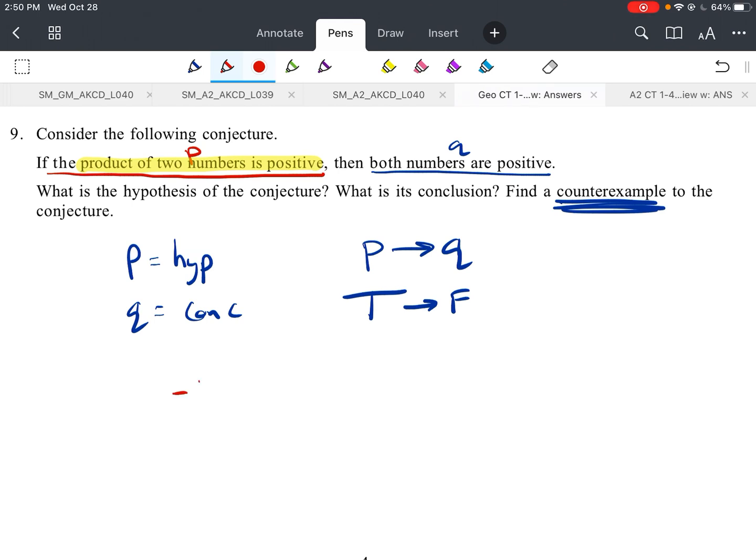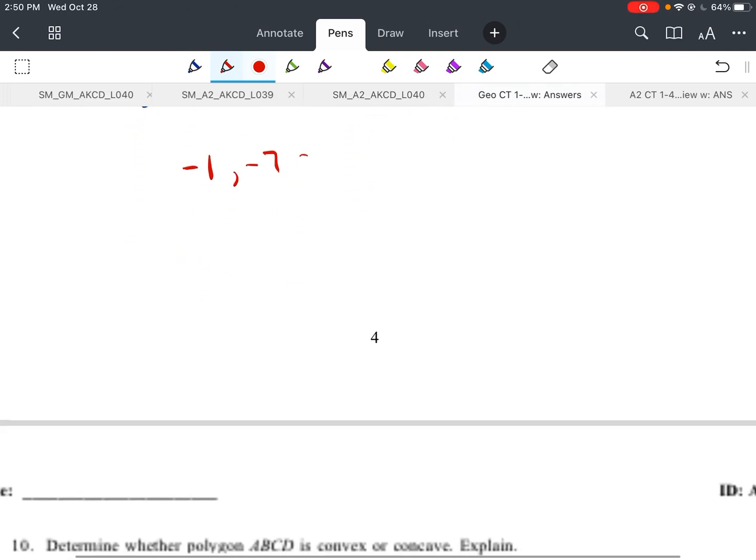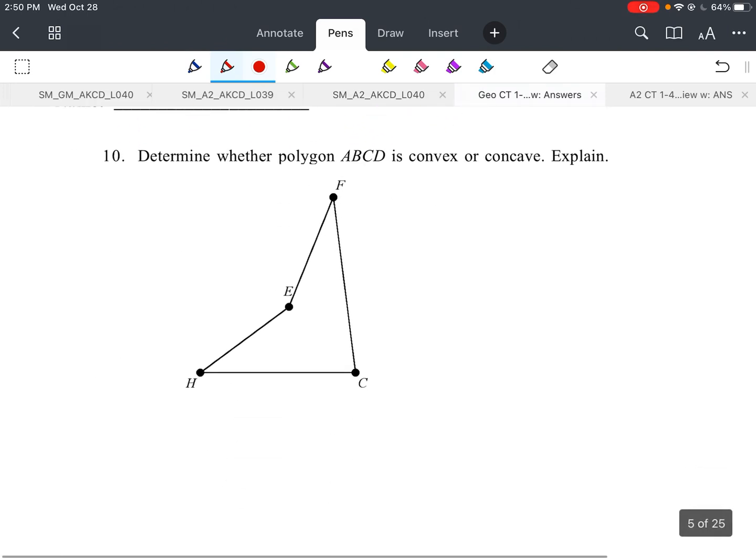What about -1 and -7? When I multiply them together, they would make +7, but those are not both positive. So, nice counterexample. True for P, false for Q. So try to keep that straight. And yours could look a heck of a lot different, but whatever values you pick, just pick two negatives and you can do it.